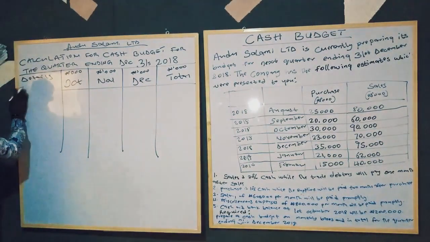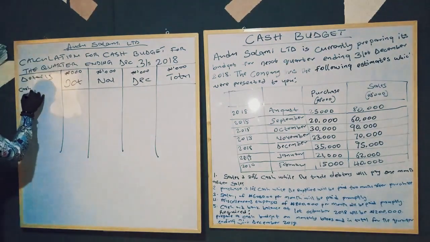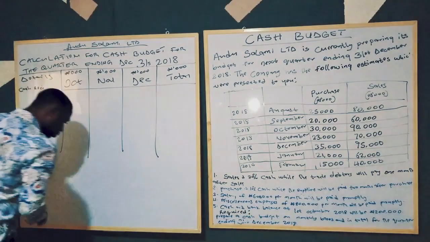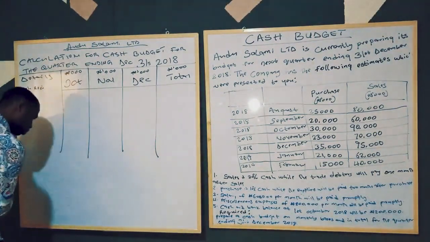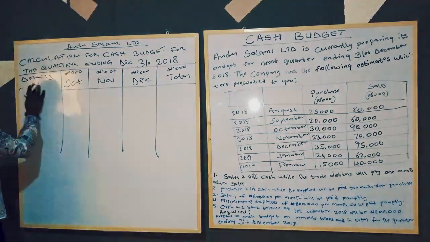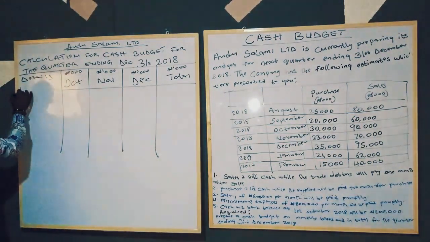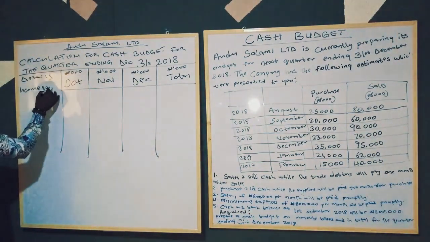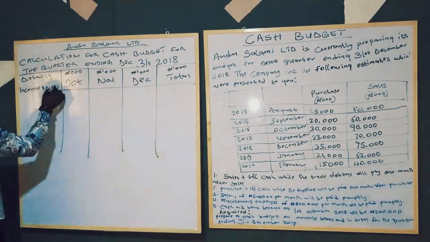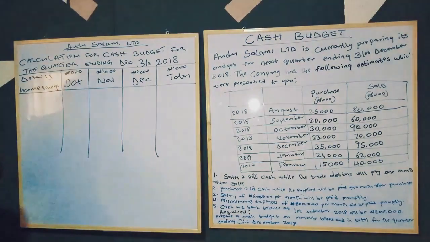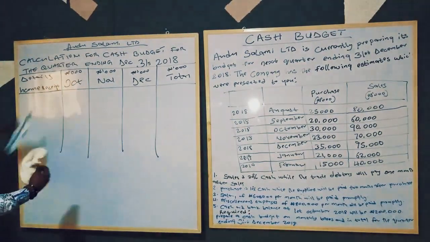So here we have cash receipts. Or we call it cash receipt, or let's say better still, we say income receipts. In some other aspect they call it just income.